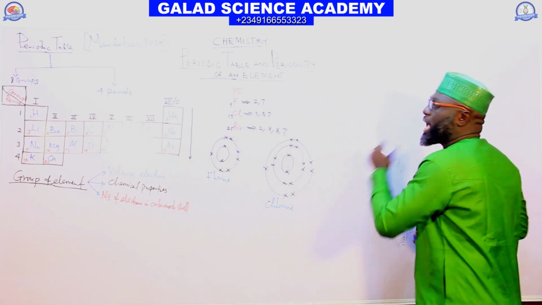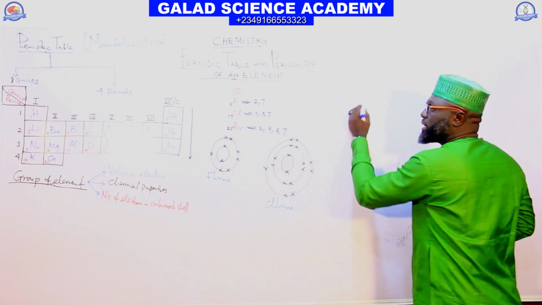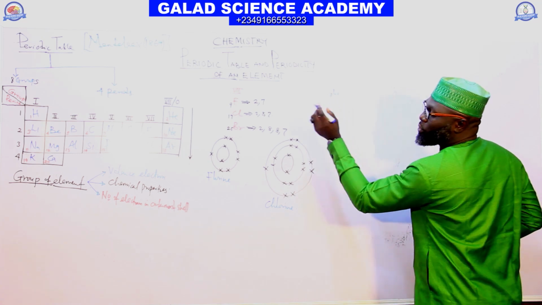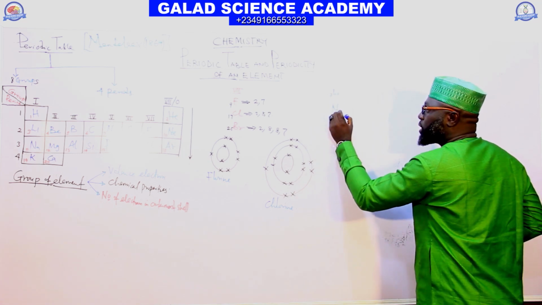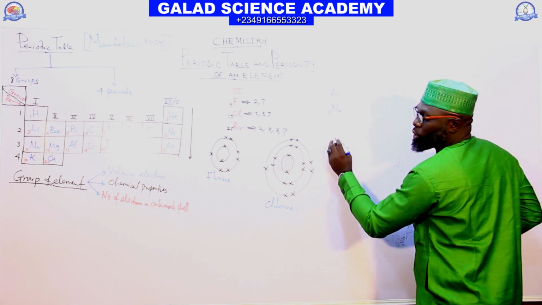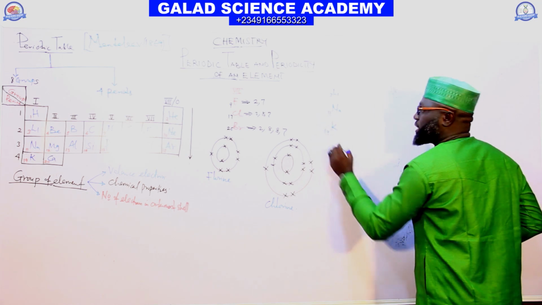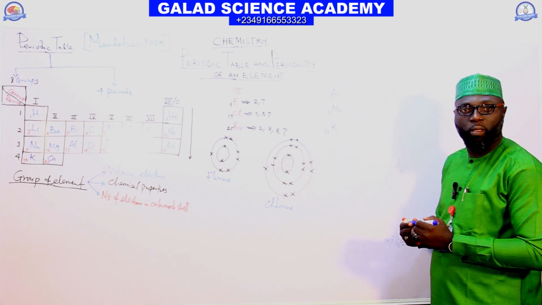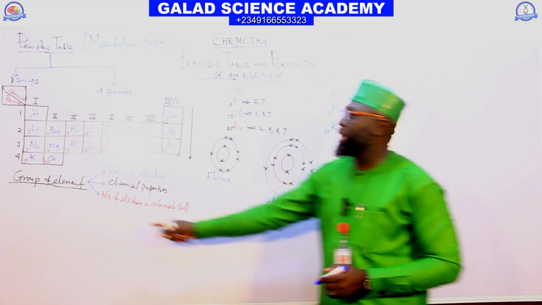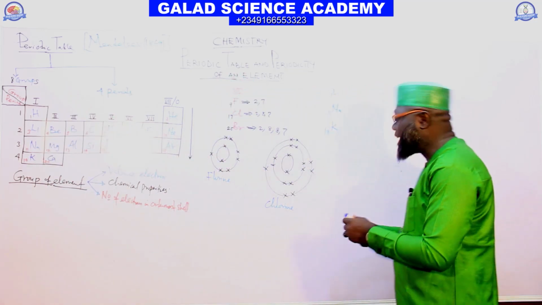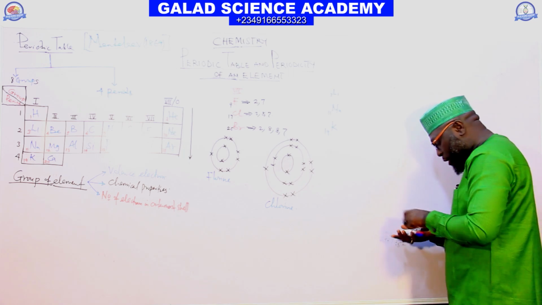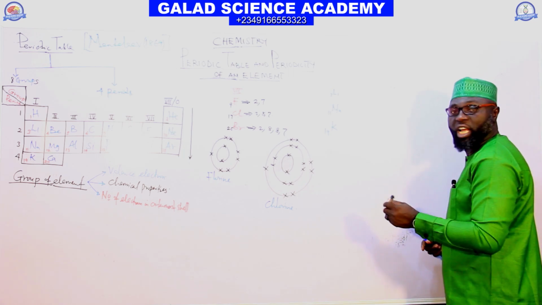Let us look at lithium, sodium 11 and potassium 19. What group do these three elements belong to? They are group 1 elements, and they must have 1 electron in the outermost shell. Let me draw the shell notation.